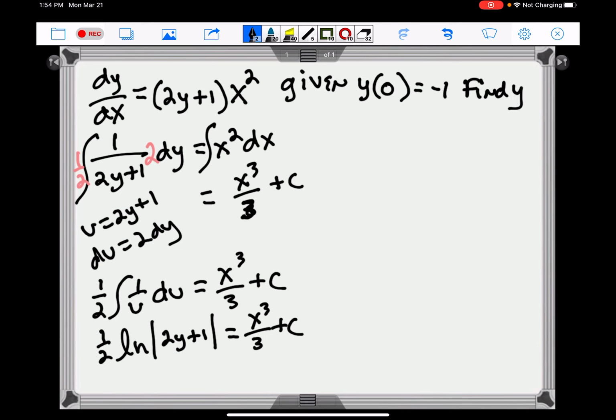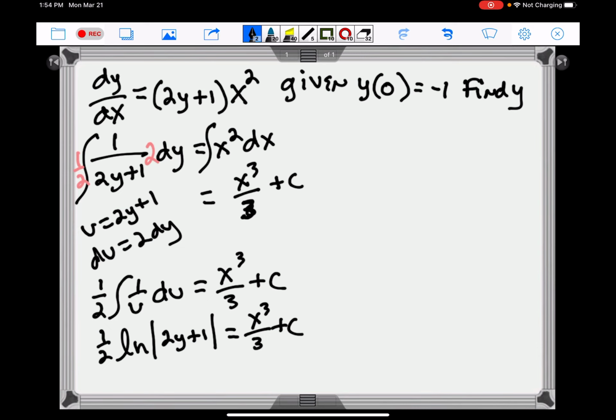Okay, you guys, here's the deal. At this point, instead of getting y alone first, I prefer if you solve for c first. Here's why. If I get y alone and I do it incorrectly, then not only am I going to get a point for y being wrong, but I'm going to get the wrong c value, right?